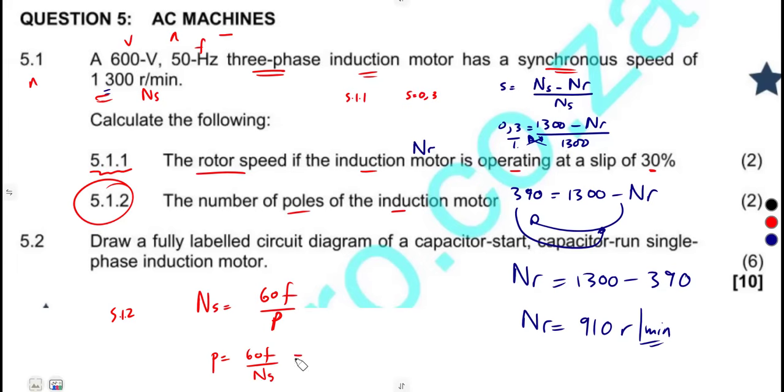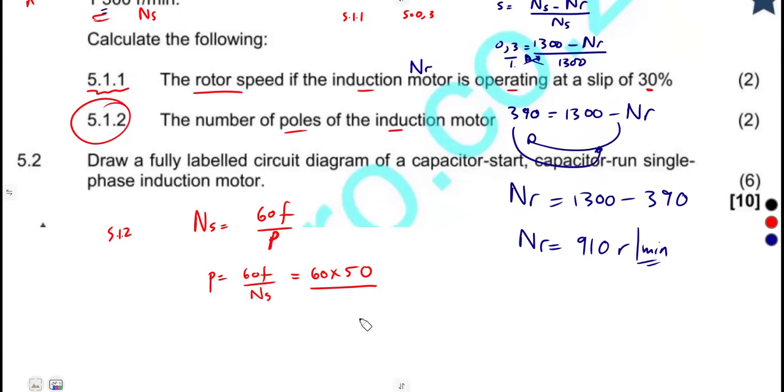You divide 60 times the frequency, 50, by the synchronous speed of 1,300. This gives us the pairs of poles, which was approximately 2.3 something. So this approximates to 2 pairs.